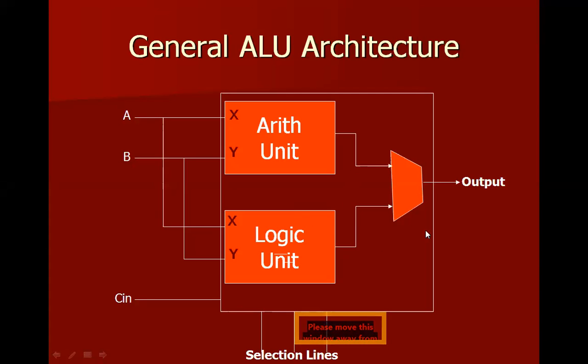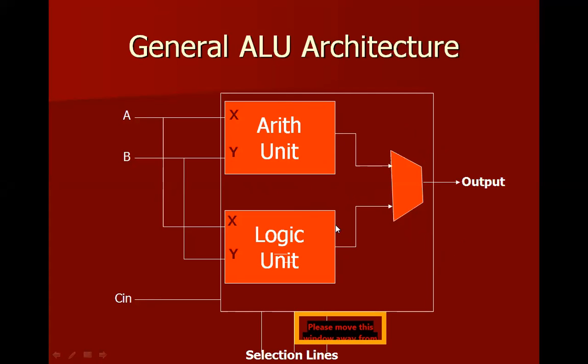Can someone tell me what structure is this? So this is a 2 to 1 mux. Multiplexer. Yes, good. That's a multiplexer, and specifically it's a 2:1 mux. So here what we are looking at is, if we are performing arithmetic operations, then this block should be selected.